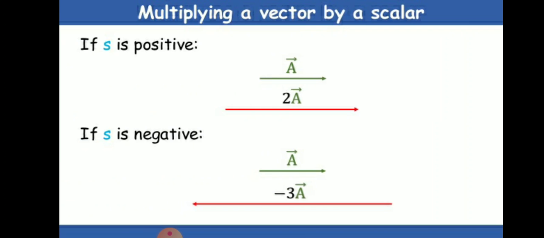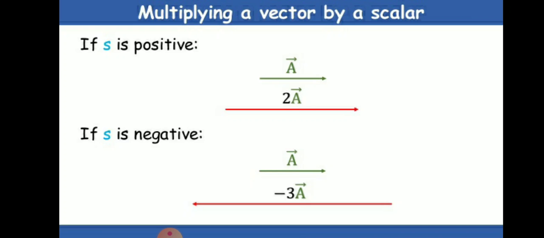If s is positive, then 2 vector A, here the 2 is a scalar, the resultant vector has the same direction, moving in the same direction as vector A.